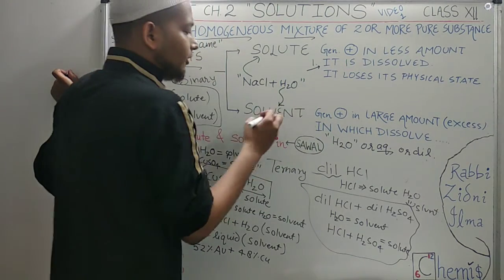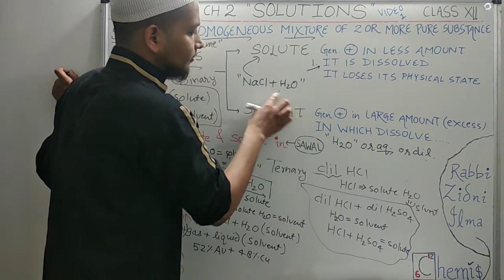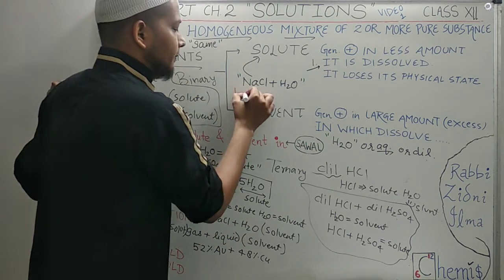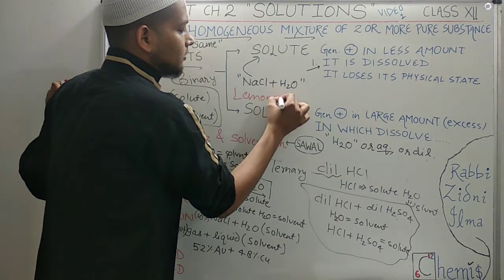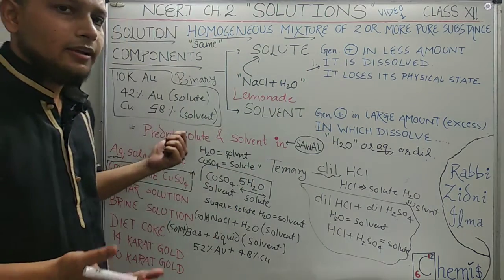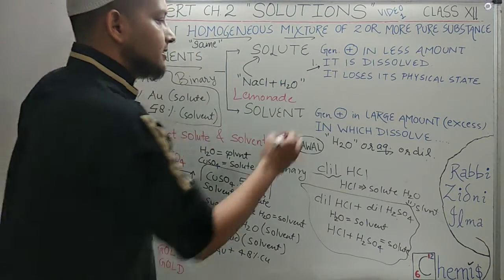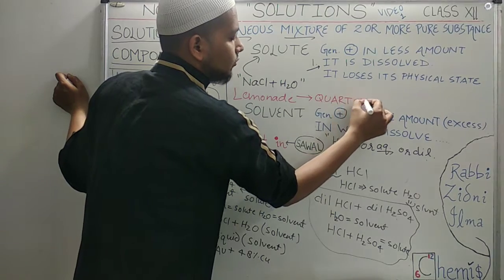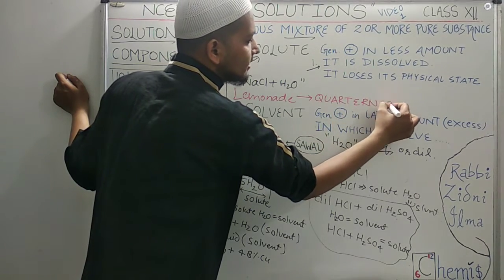Now if I ask you a simple question, if I say I have lemonade, what type of solution is it? Is it ternary, binary or something else? Lemonade is quaternary. Now you have an idea about the quaternary solution.